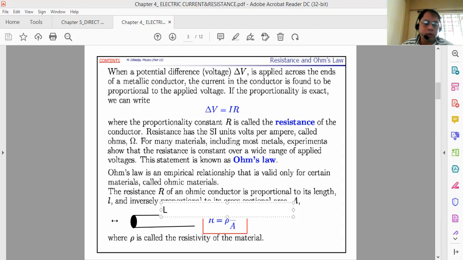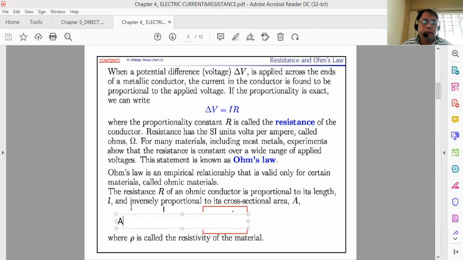We call it the cross-sectional area, and we solve it in terms of a circle, so the equation of the circle is needed to solve it. Now we relate it to R. A and R are inversely related, while length and resistance are directly proportional.